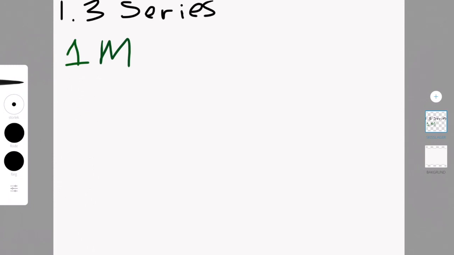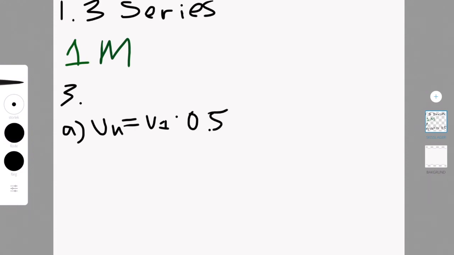Now for part B, we have to write a general formula to calculate the amount remaining of the substance. So basically, we know that this is a geometric sequence. Each term becomes 0.5 times the previous term. I figured this out by saying that it's half of its original amount.